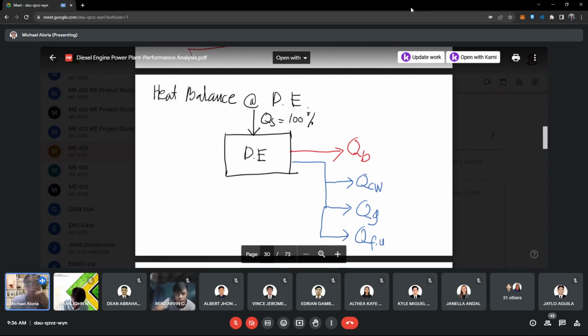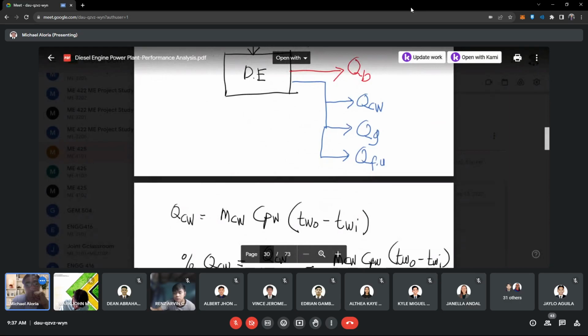So yung 100% mo na distribute into brake heat. Ito yung ating heat developed. Ito yung useful energy, kumbaga, which can be converted into electrical power output. Then meron tayong heat carried by the cooling water, heat carried by the exhaust gas, at meron tayong tinatawag na friction, radiation, and other unaccounted losses.